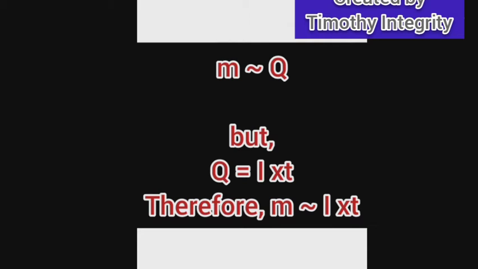And we know that quantity of electricity is the product of time and current. So mass is directly proportional to the product of time and current passing through the electrolyte.